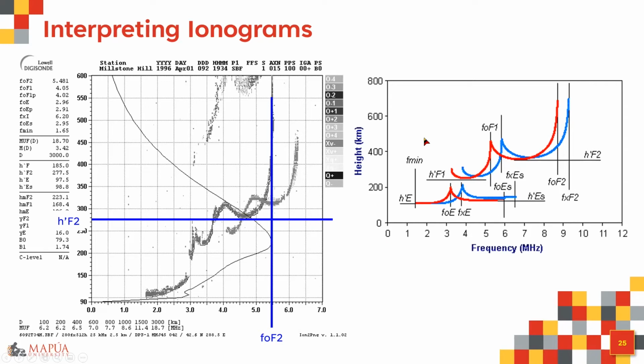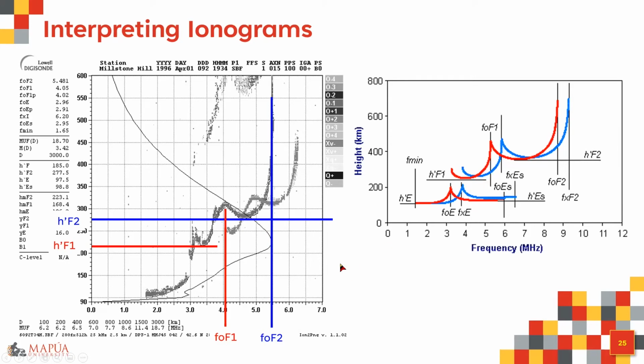Now next would be your F1 layer. foF1 is found here, so the critical frequency in the F1 layer is found at around 4 megahertz. The virtual height of the F1 region is found here, so this corresponds to this and this.